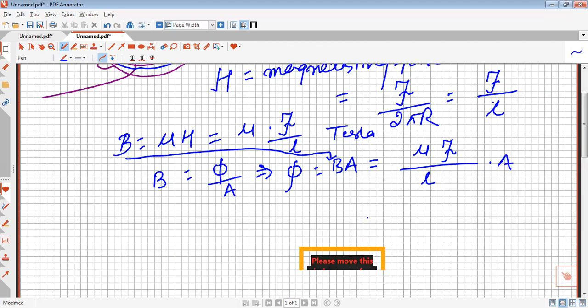Now we can further modify this equation.